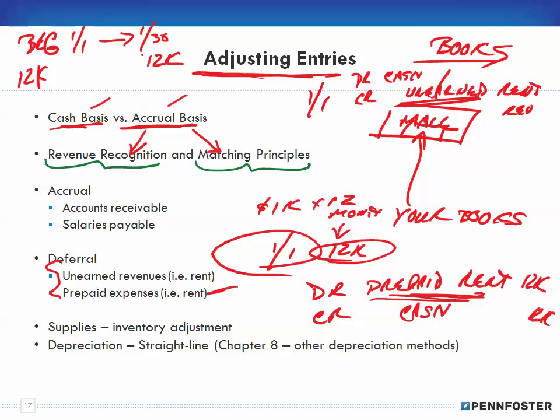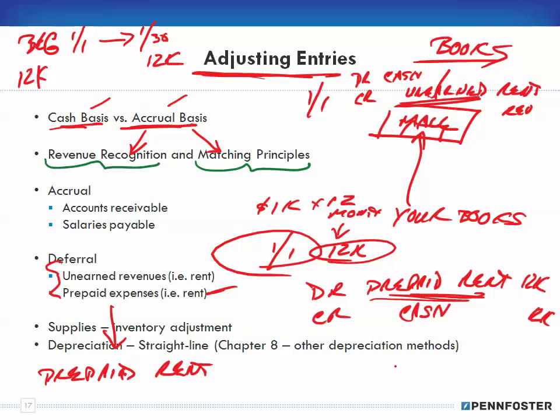Okay, but notice that there was nothing to trigger that transaction. All right, it's just an adjusting journal entry. You have to look at your prepaid account, or in their case, the unearned rent revenue account.